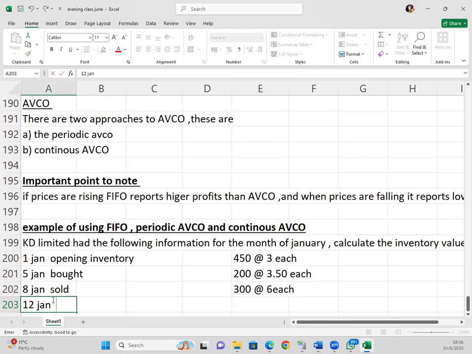Then on 12 January, bought 220 units at $4 each.